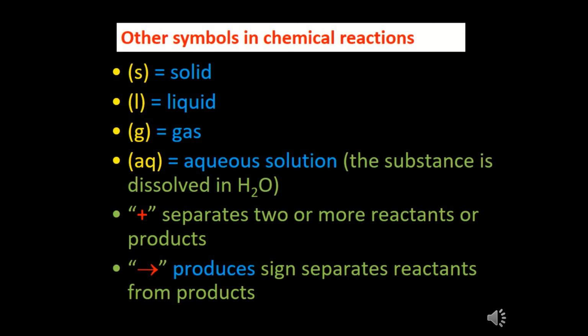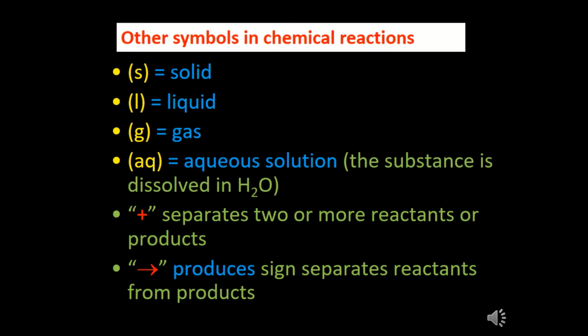If anything is solid, suppose we talk about sugar. Sugar, we know it is a crystalline solid. Whenever we react sugar with something, and we write the formula of the sugar, like C12H22O11, we have to write (s) in parentheses after the formula of the compound.